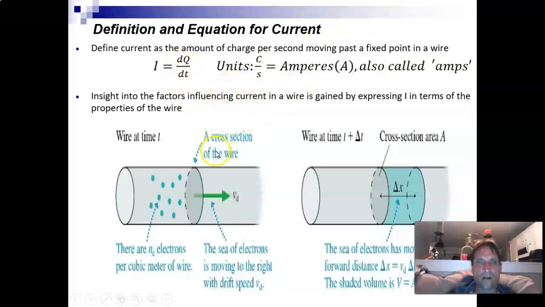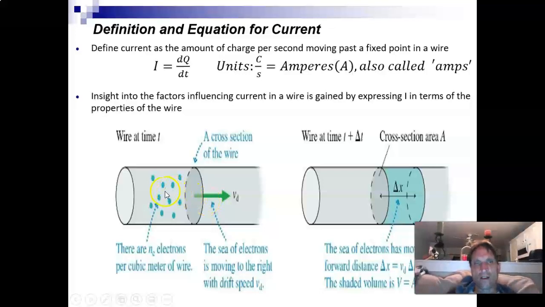So here we've got a wire, and the wire has a cross-sectional area A, and we're measuring how much charge per time crosses this given point. So you might guess that the charge per time depends on the average drift speed of the electrons.